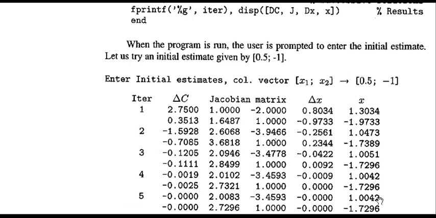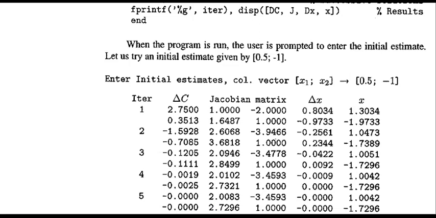So x1 is fixed at the fifth iteration, so ultimately this is the solution. That means what you have put as input, you have got as output, the same.